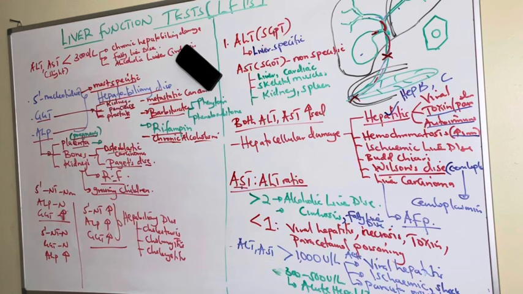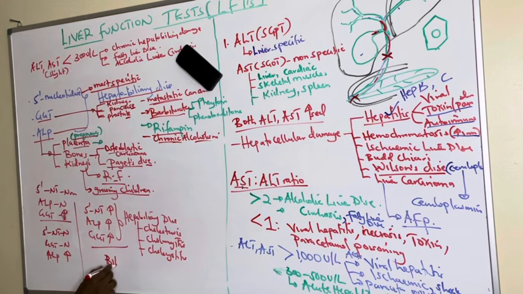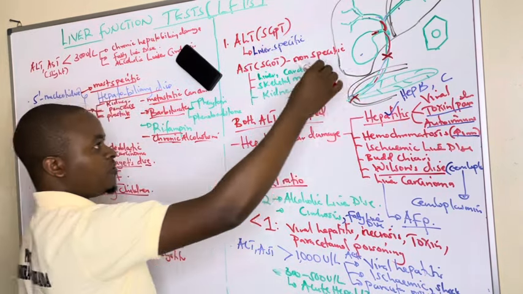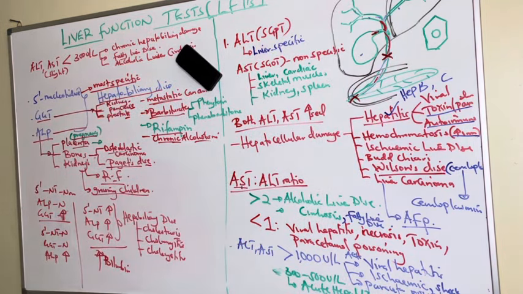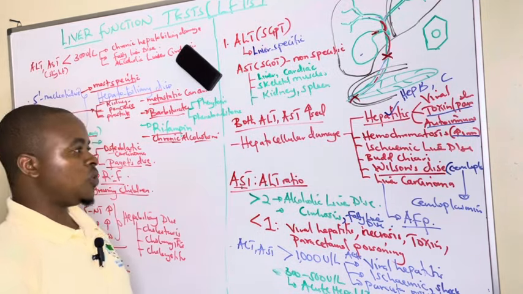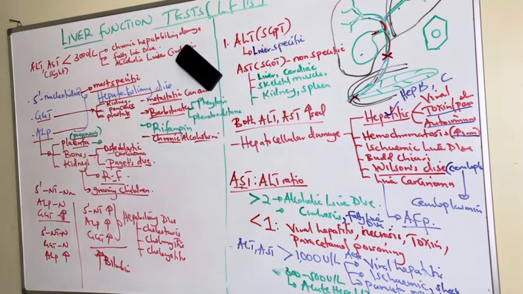And whenever you find all these elevated, we even expect bilirubin also to be high. Because why? Bilirubin also passes via the biliary system. So whenever there is any damage of the biliary system, even the bilirubin goes high. So that is what we can talk about.